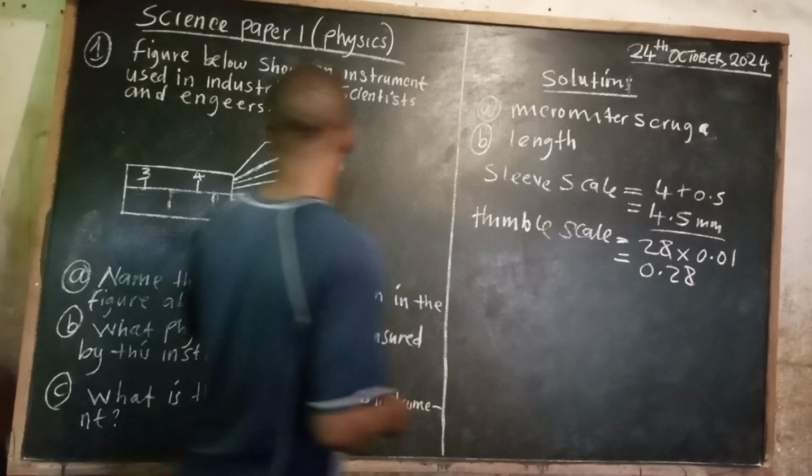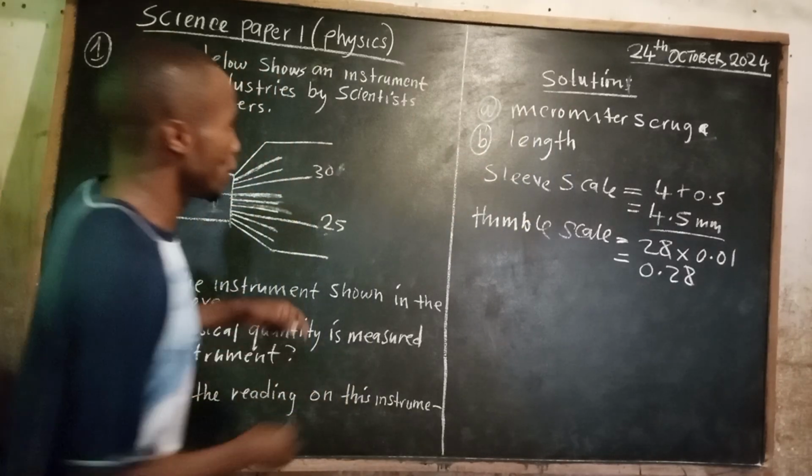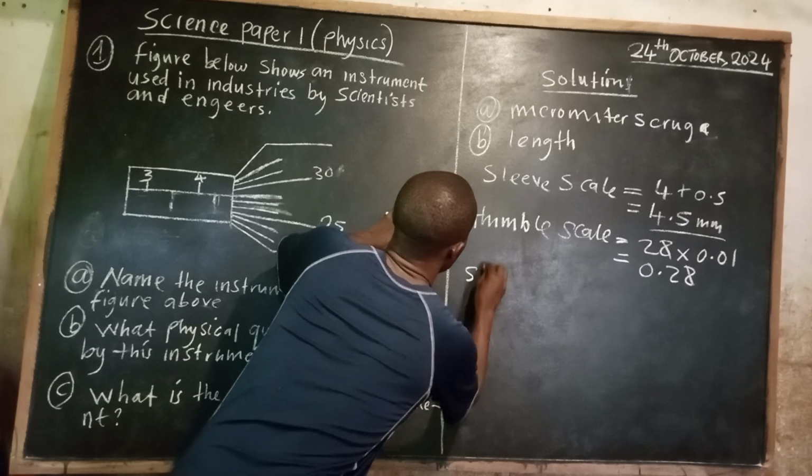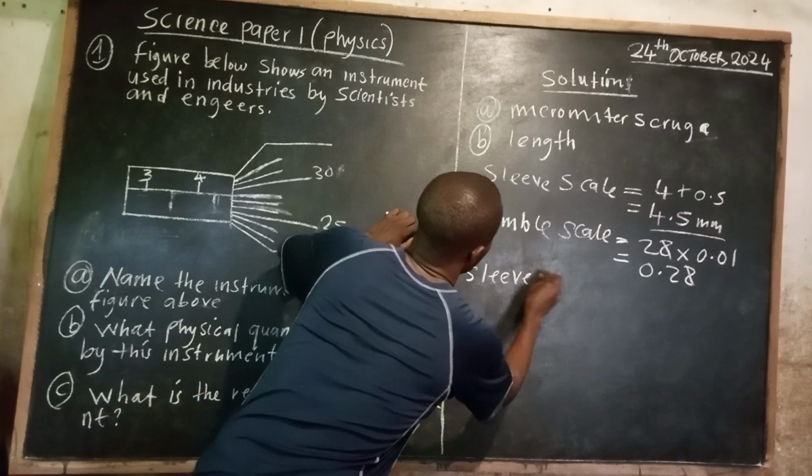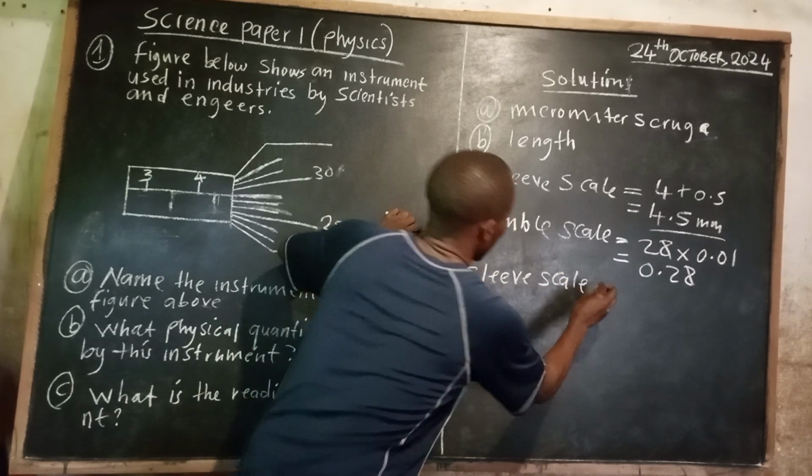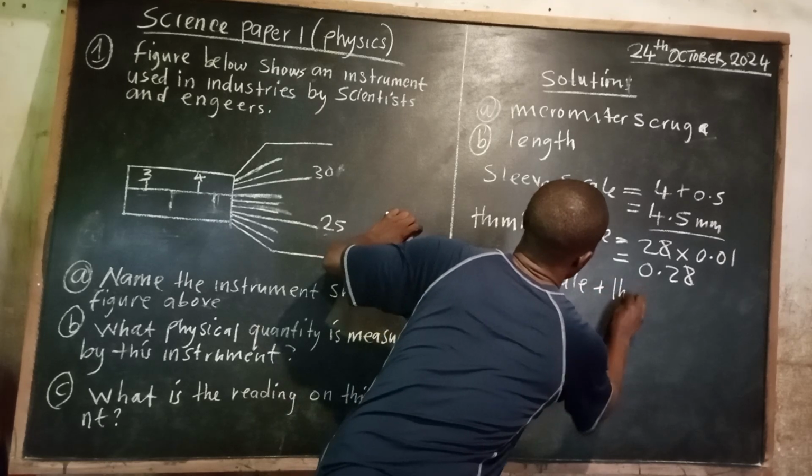So now, the final reading is going to be the sleeve scale plus the thimble scale.